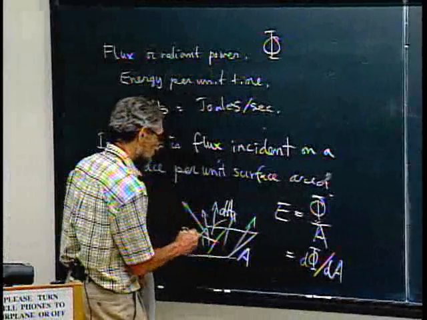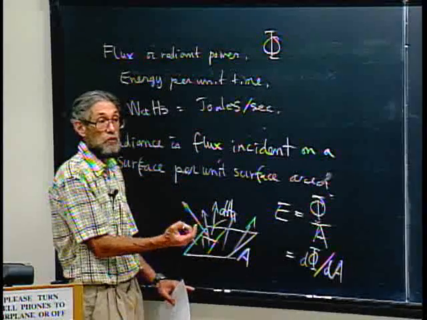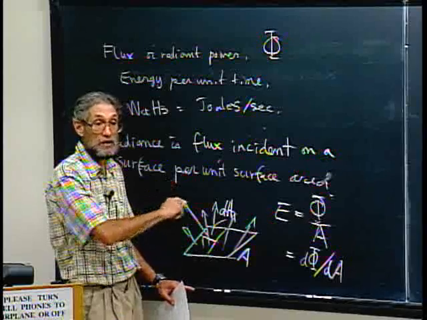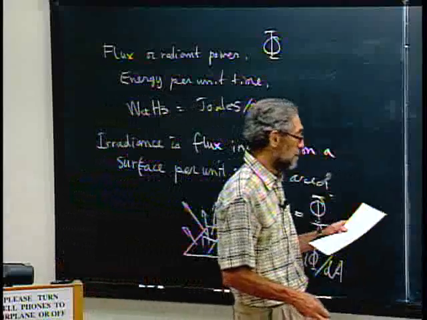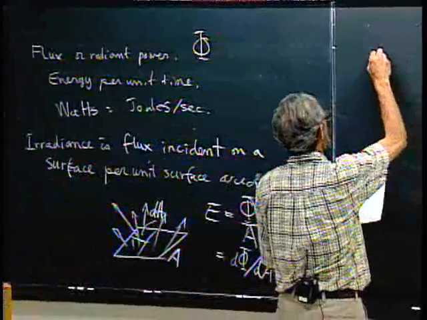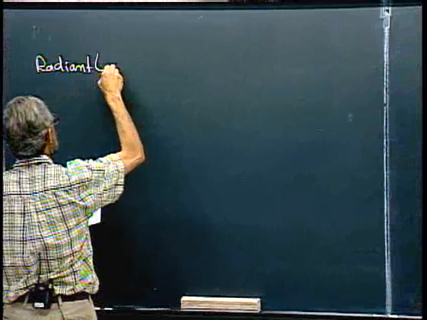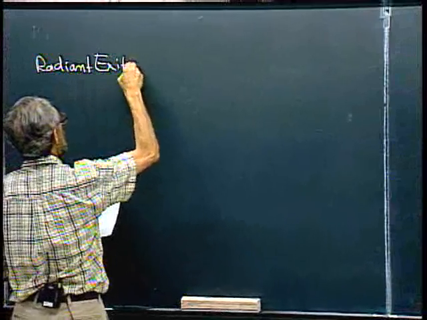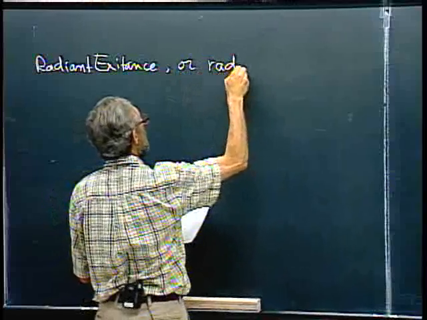And then there's also flux that can be leaving a surface, going in the opposite direction. It could be light came in and reflected, or it could be something like a fluorescent bulb or any hot surface, like a hot stove, that's emitting light. And in either case, we have the radiant exitance leaving the surface. Another word for it that I'm more used to using is radiosity.